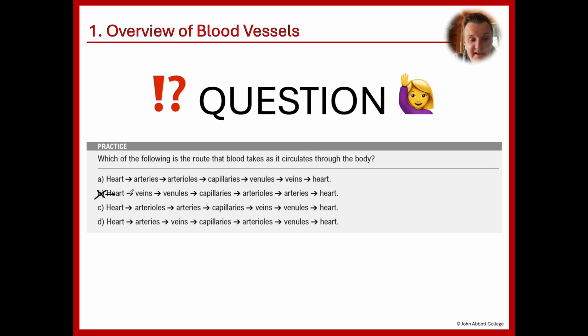The next one was veins here. It cannot be that. In the other two, we have arterioles or arteries, right? So arterioles sound smaller and cuter, right? Little arteries. So arterioles actually come after arteries because we have the big aorta, and that comes out of the heart.